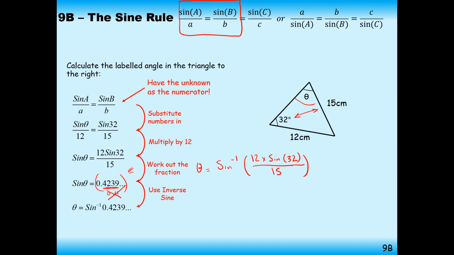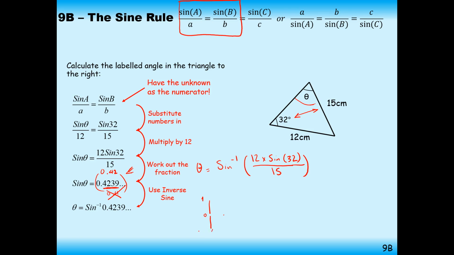Because some people round decimal numbers, like if I type into my calculator sine of 0.4 or even 0.42, it is not as accurate as having 0.4239. Sine has its values going from 0 to 1 and 0 to -1.